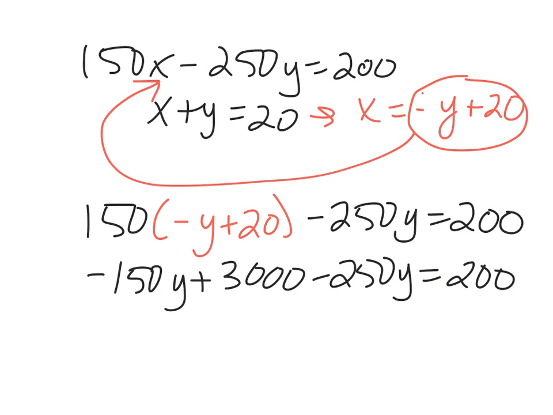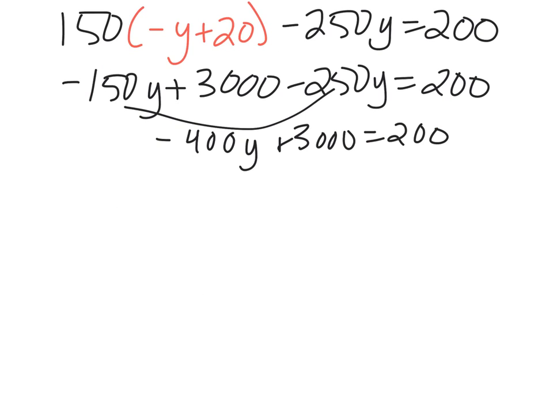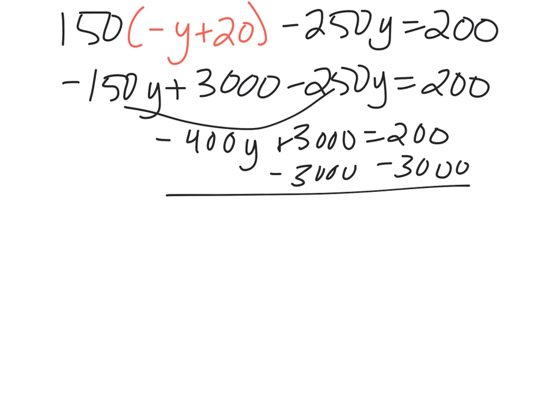So combine like terms, I get negative 400y plus 3,000 equals 200. Okay, then I subtract 3,000 from both sides, which gives me negative 400y equals negative 2,800.